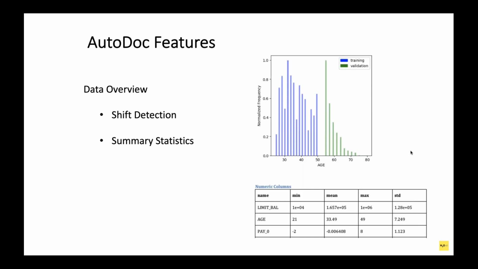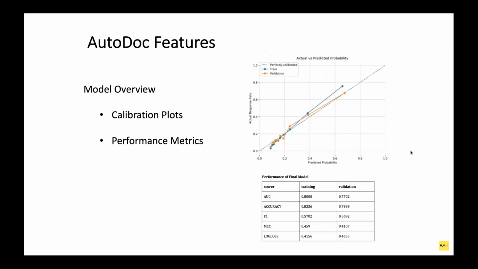We'll also provide you with summary statistics. This will be your standard min, mean, max, and standard deviation summary statistics for numeric columns. And then we'll also provide summary statistics for categorical columns. For the model overview section, we provide quite a bit of information. The two things that I want to highlight are the calibration plots that we provide.